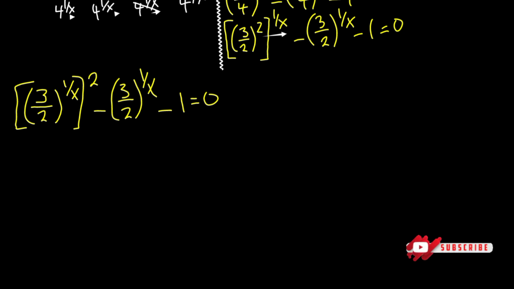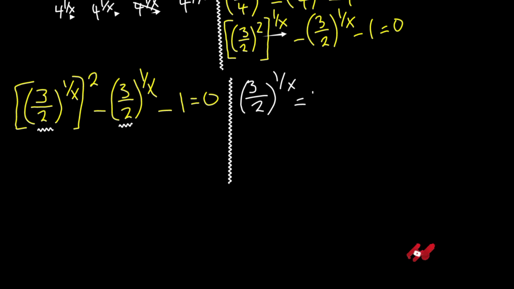Now here we can make use of a very brilliant substitution, because the bases are the same. So we can just say let 3 over 2 all to the power of 1 over x equals y. But we must set our condition where y is greater than 0, and also y must not equal 1.